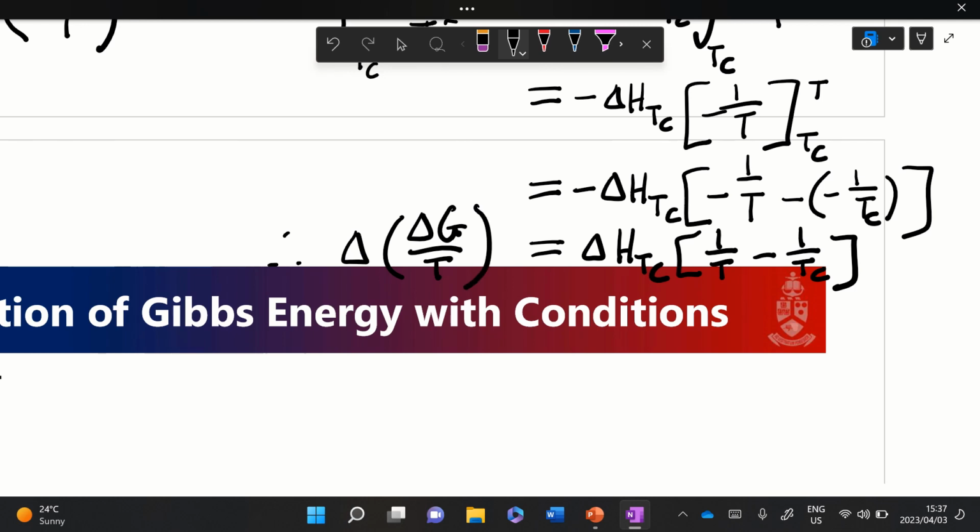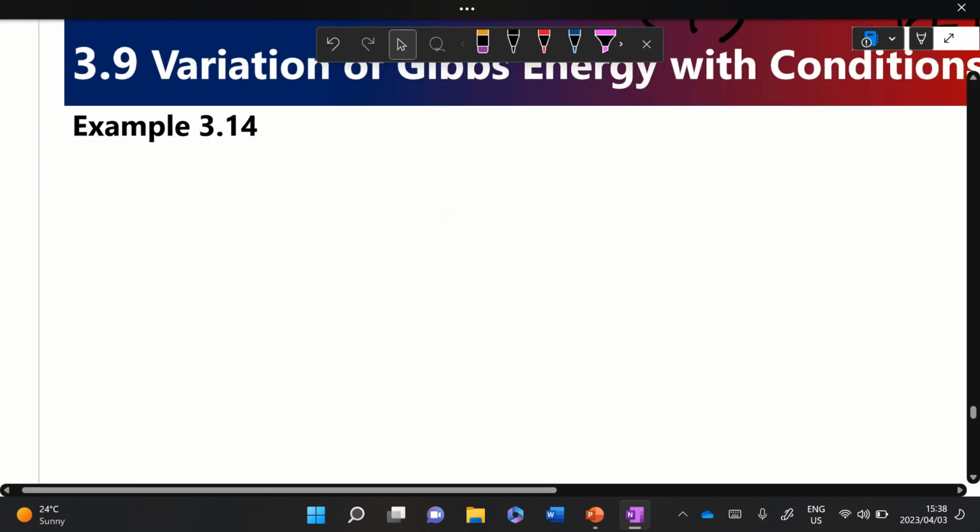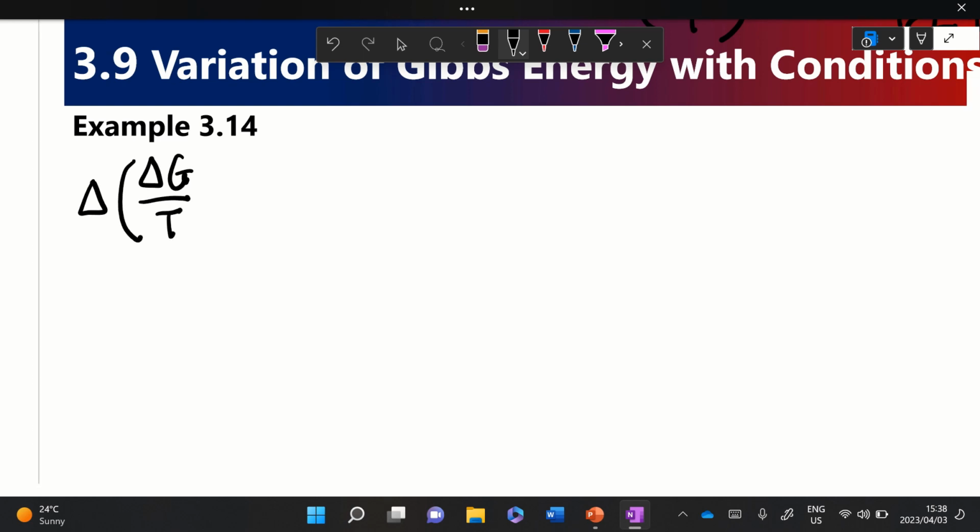So we have an equation to calculate the change in delta G over T, which is equal to that right hand side. Now let's just write out the left hand side. What does delta G over T actually mean?